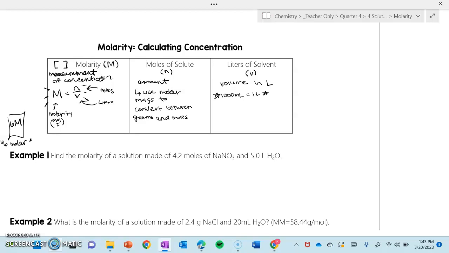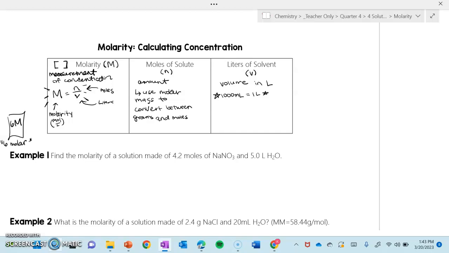If you need to convert between milliliters and liters, very similar to what we did with gas laws, it must be in liters, so convert as needed. If you add solvent, then this would decrease the molarity because you are diluting it. You're making that ratio between solute to solvent smaller because now you have more of the liquid but the same amount of solute, so it's going to be overall a smaller concentration or molarity value.